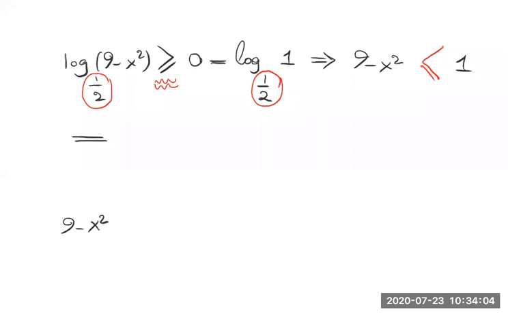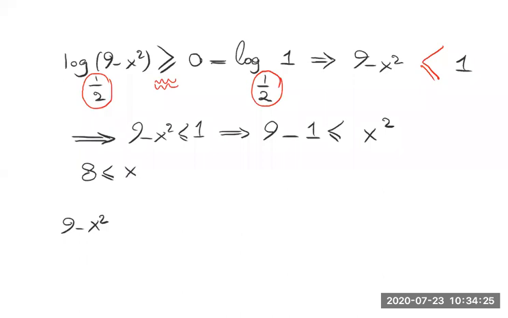So 9 minus x squared would be less or equal than 1. We can take x squared to the other side and 1 to the other side. 9 minus 1 would be less or equal than x squared. It means 8 would be less or equal than x squared. Okay, what does it mean? x squared is greater or equal than 8.